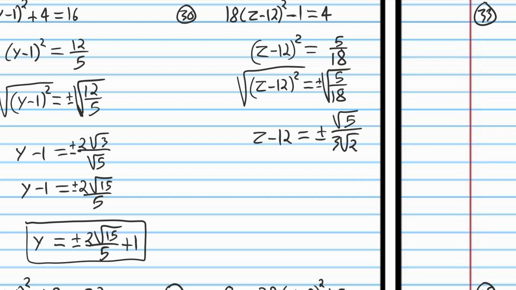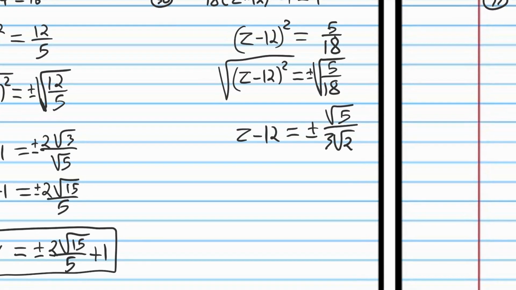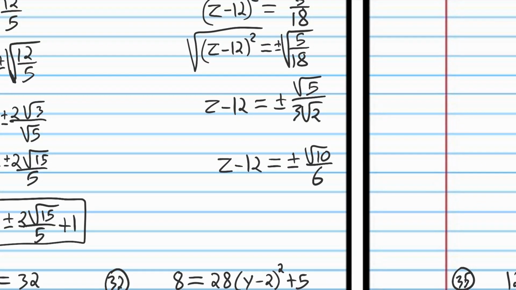Again, I'm skipping steps here. I'm skipping steps when I'm simplifying and rationalizing the denominator. But that shouldn't worry you, because if you did the homework from the last class, you should know how I'm doing that, and you should know how to do it yourself. You cannot leave the answer as root 5 over 18. And now we just add 12 to both sides.